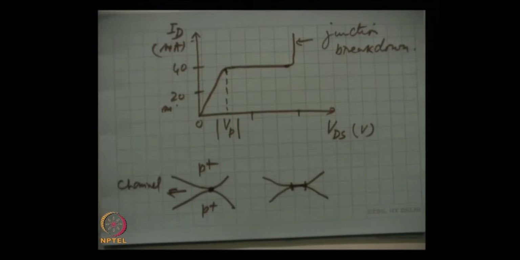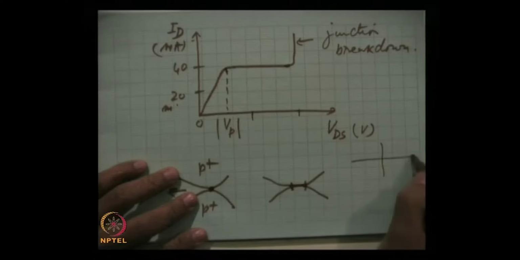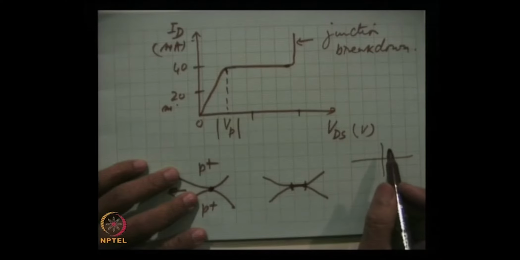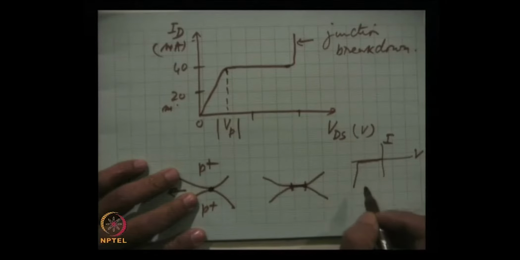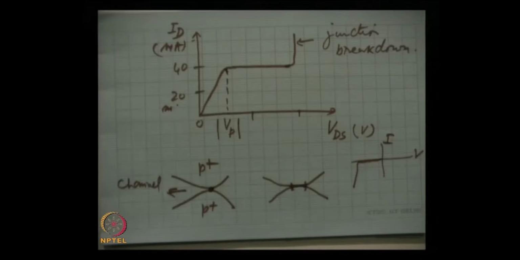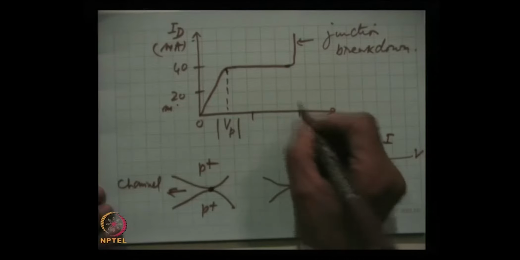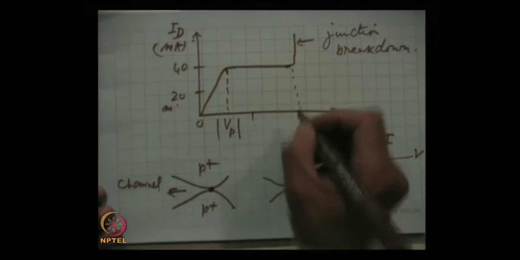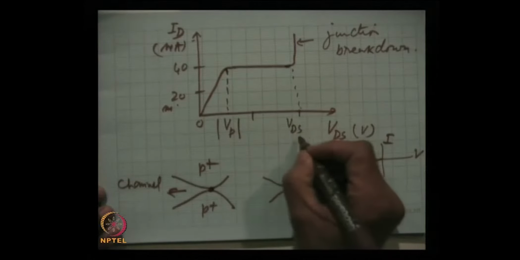You remember the IV characteristics of a PN diode, this is I, this is V, this is the very small current, and suddenly the current increases. This is the breakdown region. Same thing happens here, and this voltage is called VDS max.